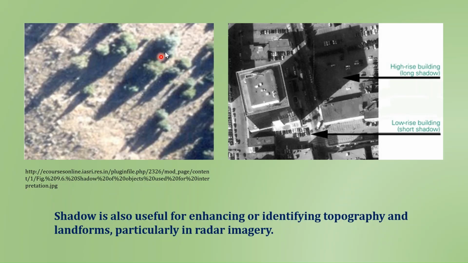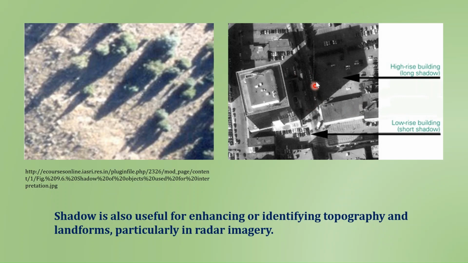In this image, this patch of vegetation may appear as bush, but the shadow created by them indicates that these are trees, and the difference in the shadow may be used to get an idea about the different height of these trees.